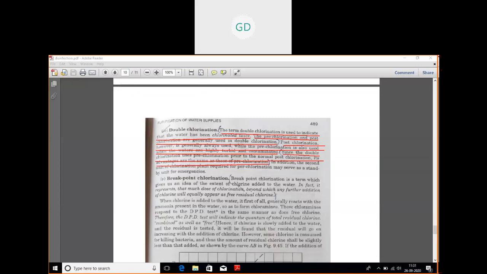Next is your breakpoint chlorination. So what is breakpoint chlorination? It gives you an idea of how much amount of chlorine you have added to the water.